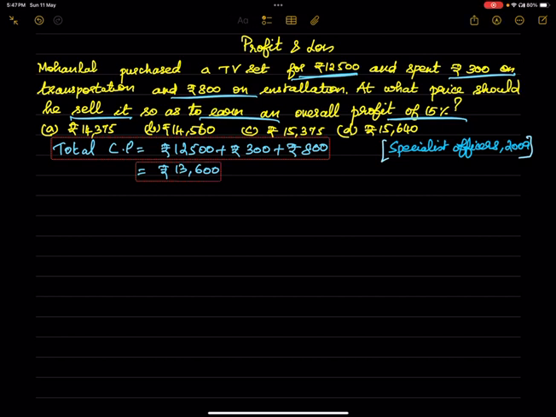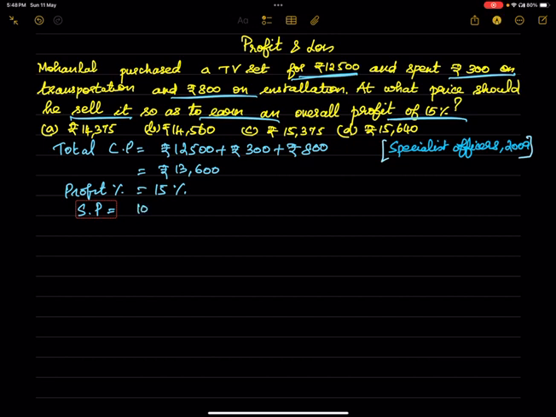He wants to sell the TV, no? For profit percentage 15. So profit percentage is equal to 15 percent. We have the formula, I have explained in my previous video also. SP is equal to (100 plus profit percentage) by 100 into CP.